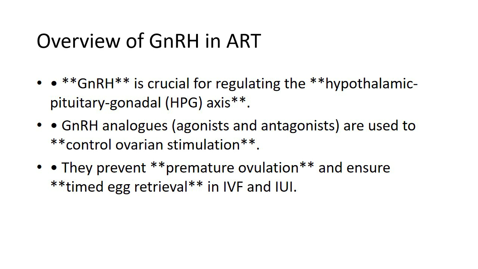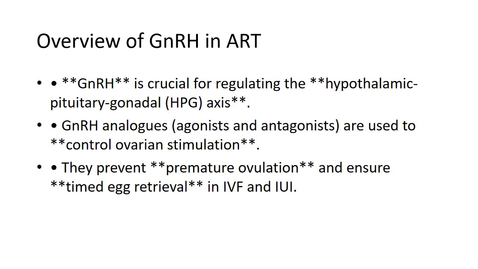GnRH analogs, agonists, and antagonists are used in assisted reproductive technology, ART, cycles, to control ovarian stimulation and prevent premature ovulation. Primary goals: suppress premature LH surge, enhance follicular recruitment and synchronization, optimize oocyte retrieval and fertilization rates.